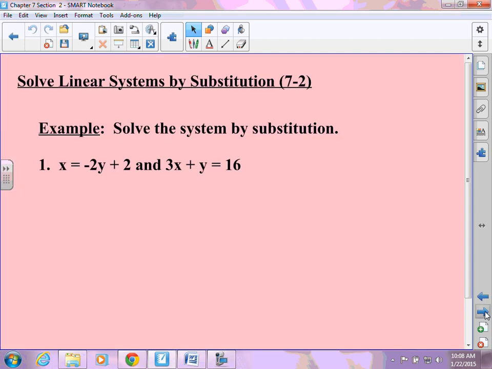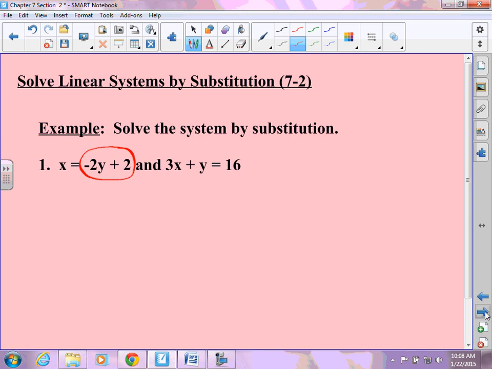Now, you'll notice I have two equations. So I have two lines, and I'm trying to see where they intersect, like with all that graphing stuff. Do you notice that the first equation says x equals? This is what you're going to do, and I want you to actually do this when you're doing your assignment. I want you to circle what x equals.